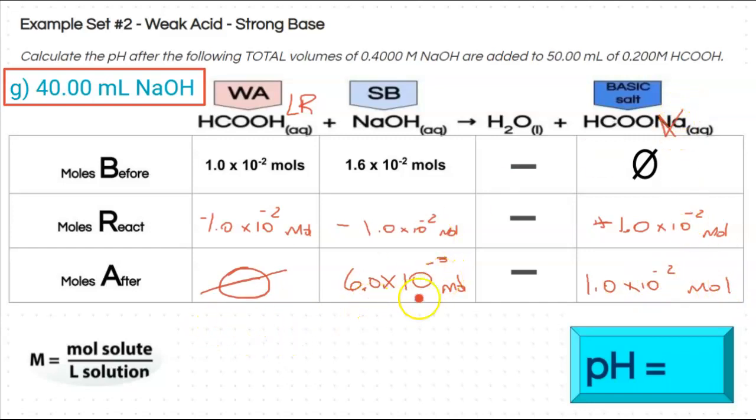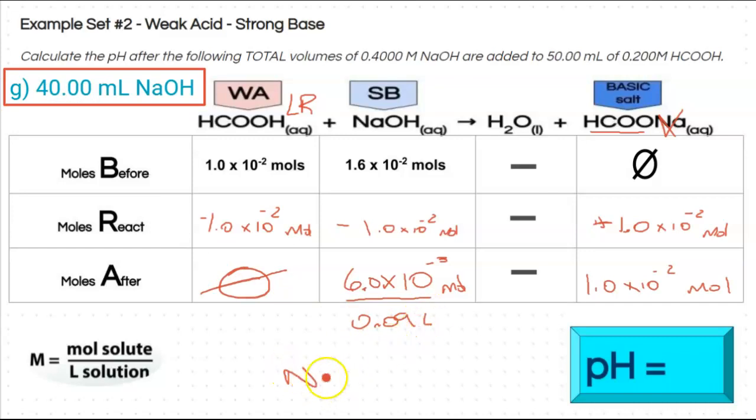Again, because this is a strong base, it's going to dominate this solution. The Kb value of our conjugate base here was so very small that this is going to have a negligible effect on the solution pH. So we simply need the concentration of sodium hydroxide. I take 6.0 times 10 to the negative third. I divide it by total solution volume, which in this case is the 50 milliliters of acid plus the 40 milliliters of base. So that's 90 mLs, so 0.09 liters.